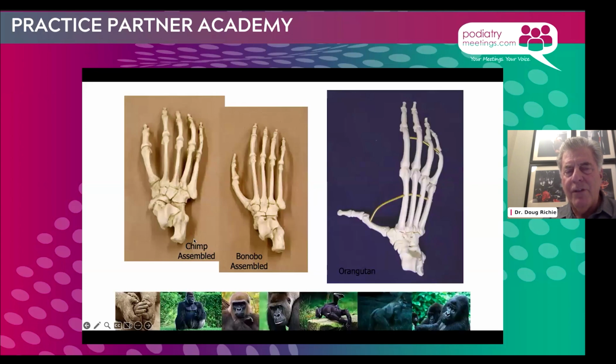These photos of a chimpanzee, an orangutan, clearly show the talus lying next to the calcaneus, not on top of it. And the posterior facet of the subtalar joint is oriented vertically, not horizontally or parallel to the ground.